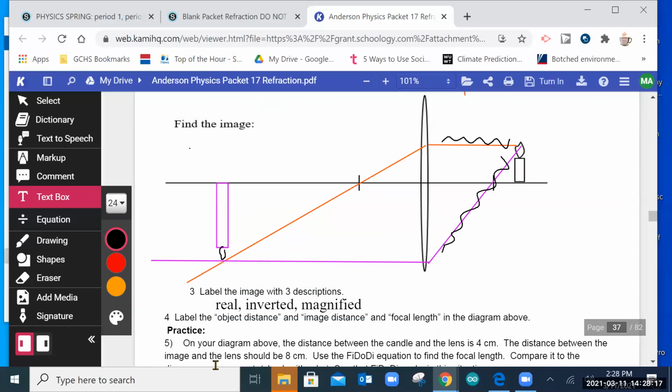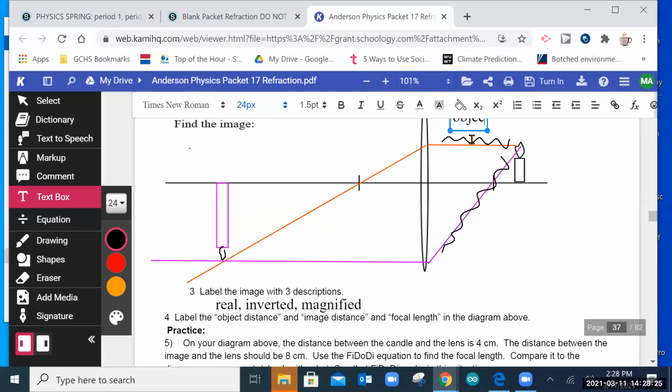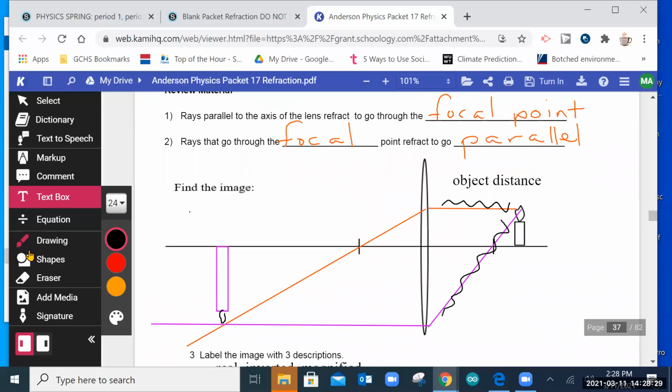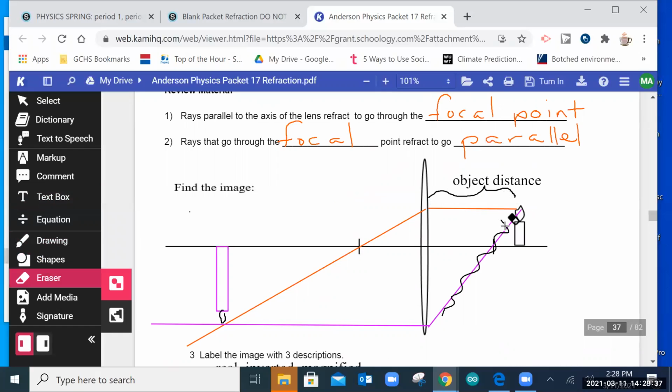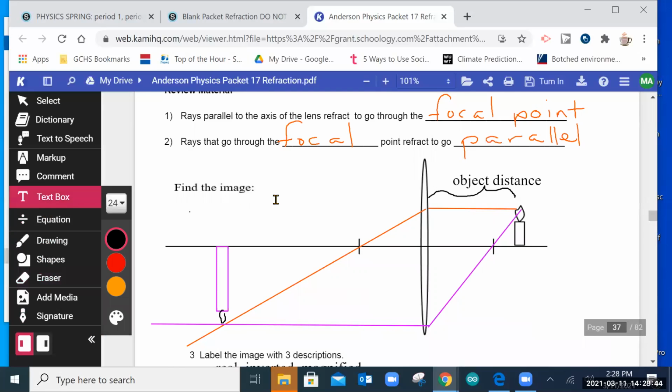Number 4, label object distance, image distance, and focal length. Okay, object distance is over here. That is the object distance. Then the image distance.